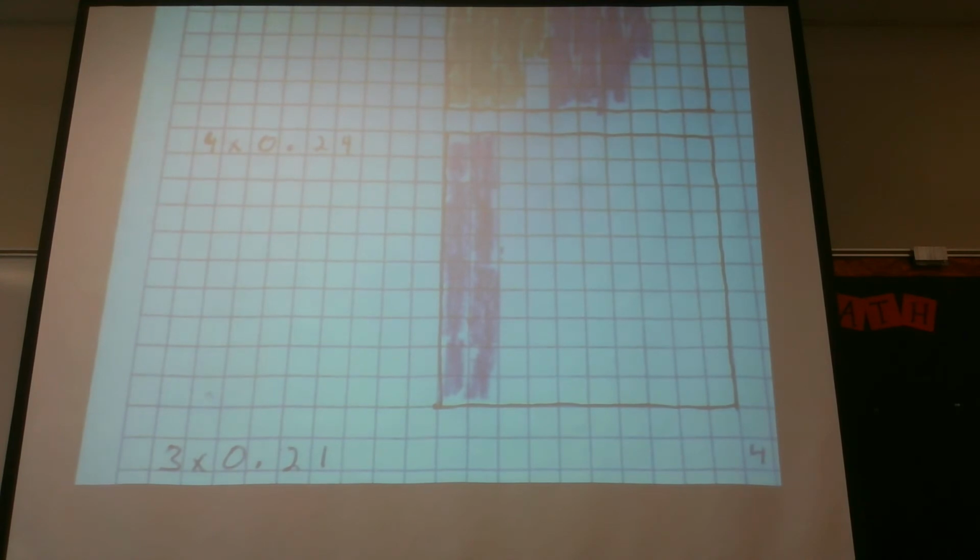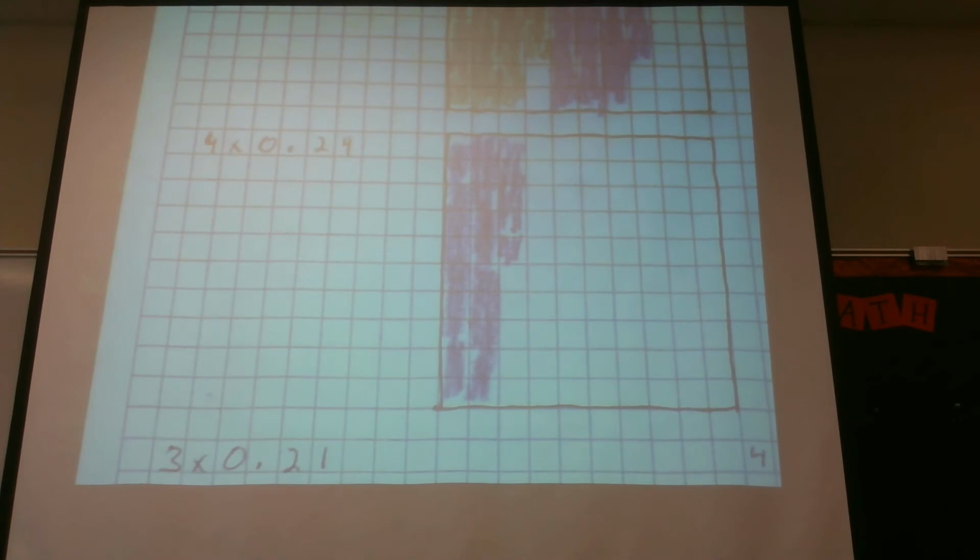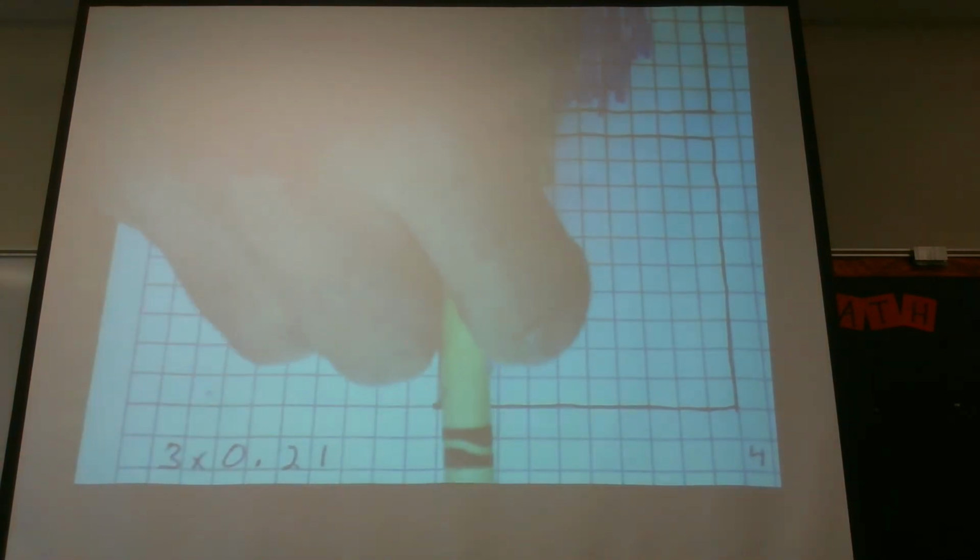So 1, 2 tenths, so that's 20 hundredths, plus 1, 2, 3. That is one group of 24 hundredths. I'm going to have another group of 24 hundredths. You put in 25 hundredths. Did I do 25? Yep. All right, we'll color that green.